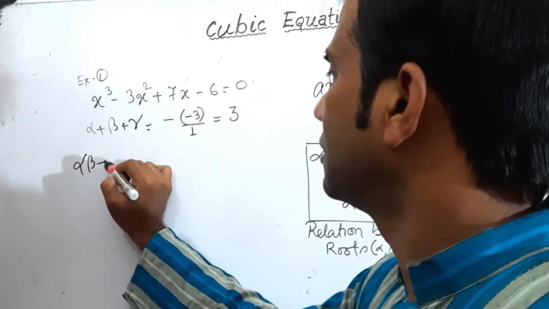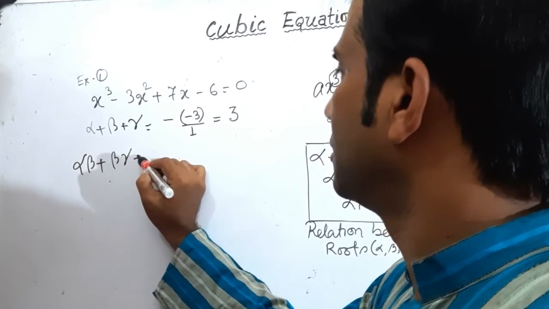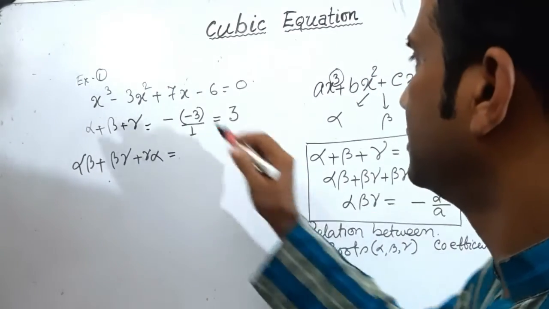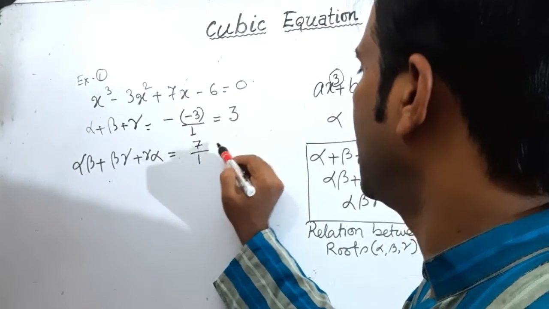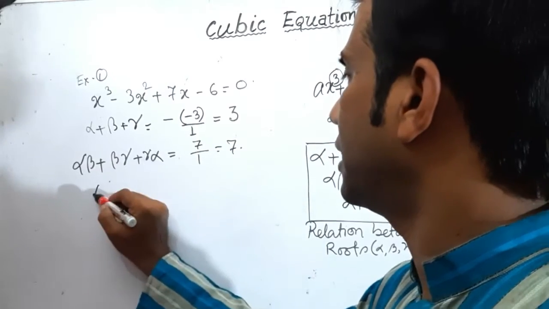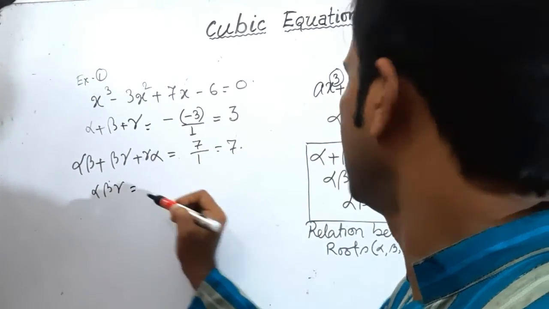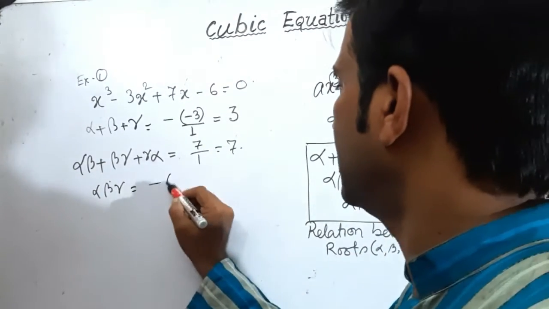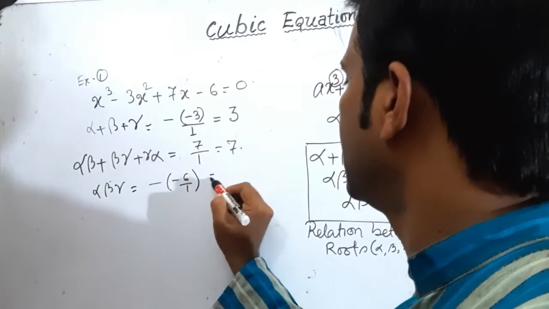Alpha beta + beta gamma + gamma alpha is equal to c/a, that is 7/1, which is 7. And alpha beta gamma is equal to -d/a, that means -(-6)/1, which is 6.